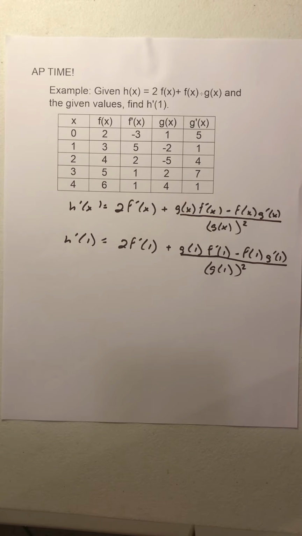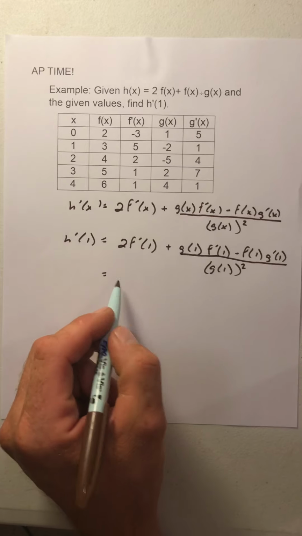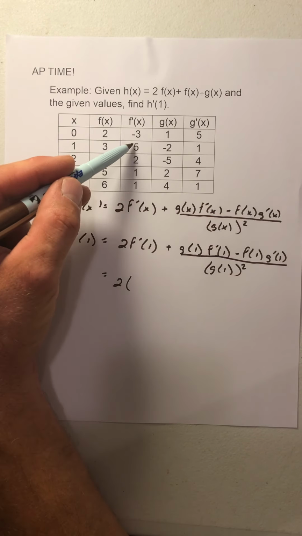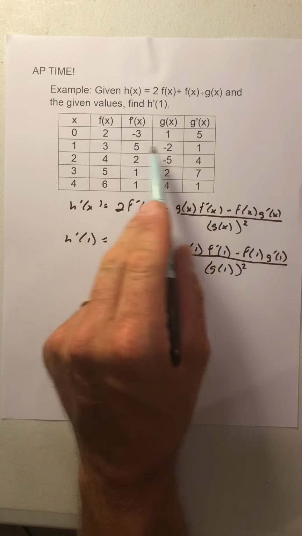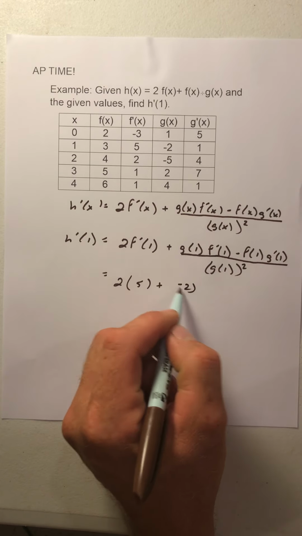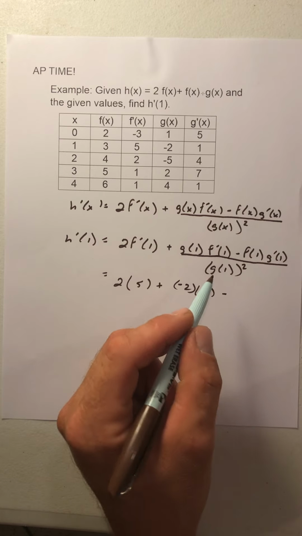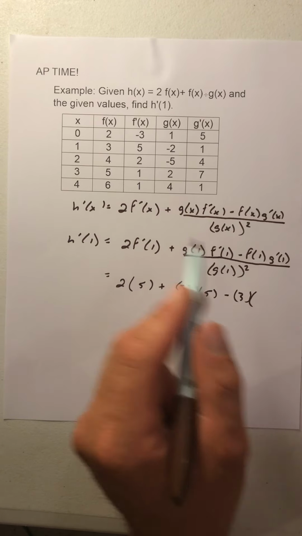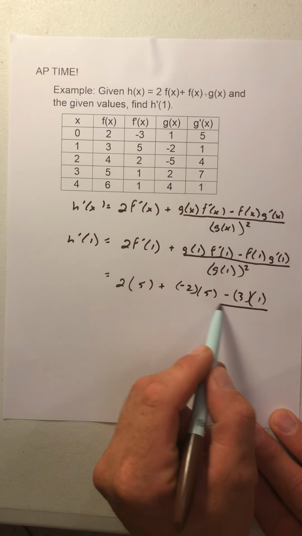So again, we read the chart, just like we did when we did one like this with the product rule. f prime of 1 is 5, g of 1 is negative 2, multiplied by f prime of 1 again, which is 5, f of 1 is 3, g prime of 1, that's kind of nice, that's 1.